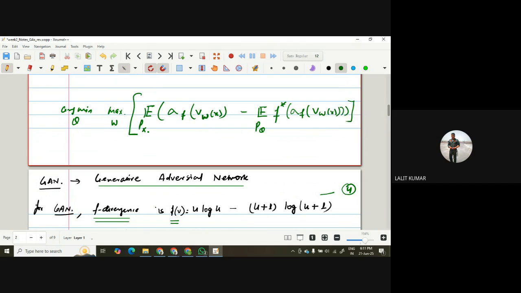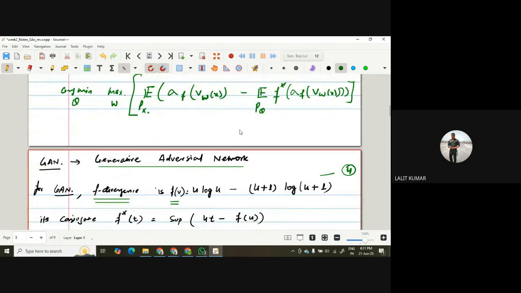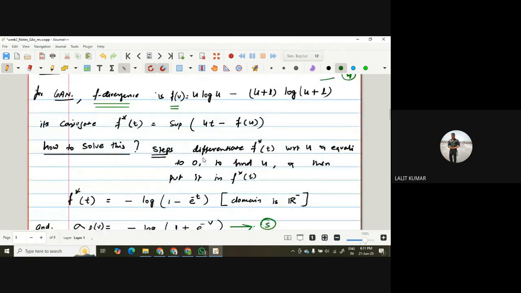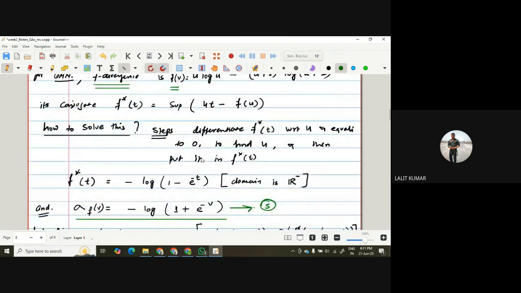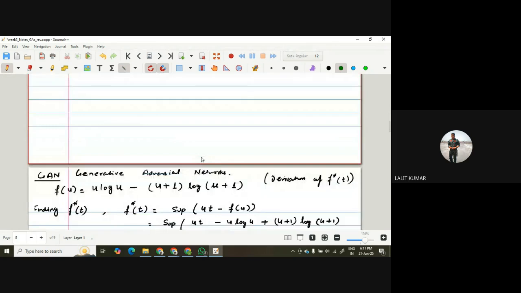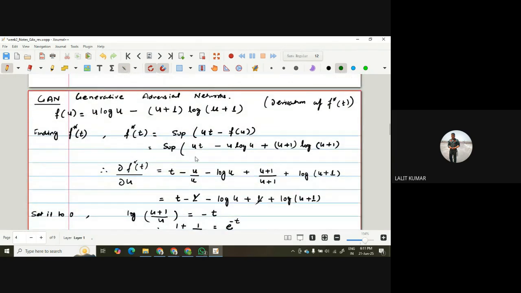Now if we put this function and try to find the conjugate, I have done this, how to solve this. In the GAN, this f(u) is this function on the domain. Now we find F star, which is the conjugate. This is the formula for the conjugate.